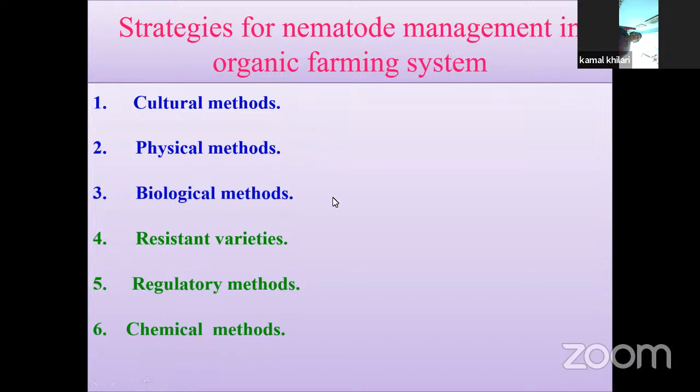So these are the different strategies we generally follow for the management of different diseases. But in organic farming, we will discuss only the cultural method, physical method, and biological method. We can also discuss resistant varieties and regulatory method, but in organic farming, we are not interested in the chemical method. So we'll not discuss all these things.